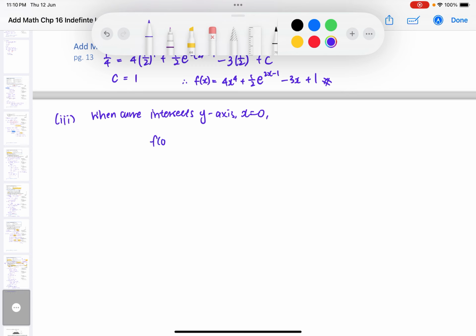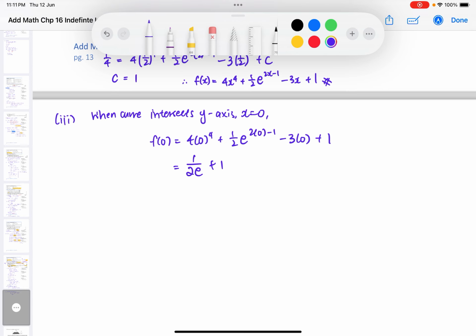So we're going to sub in x to be 0. And this will give us this expression. First term is 0, e to the power of -1, so it's 1 over 2e plus 1. This is the y coordinate of the point, right?